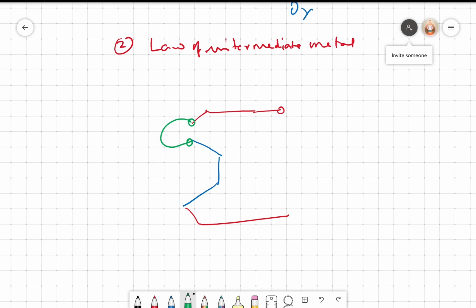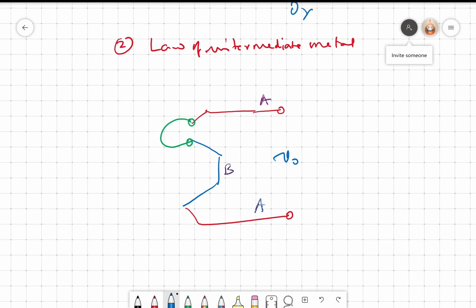As usual, this is material A, this is material B, this is material A, and the output is V naught.